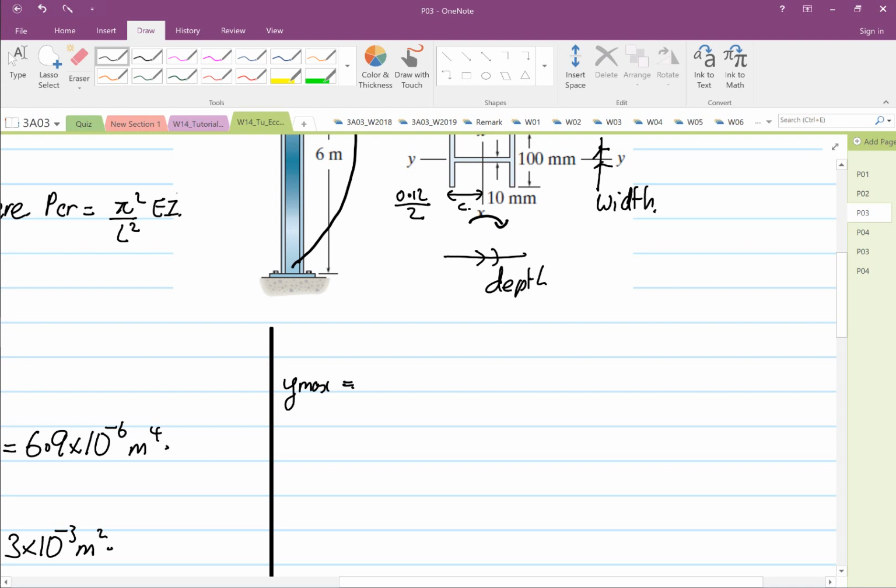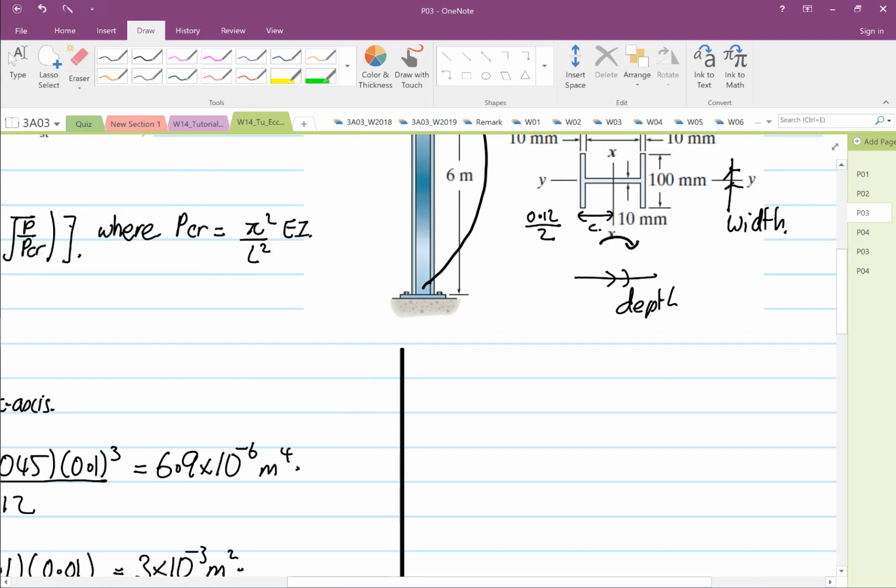Physically, you know it will not fail, but it will deflect a bit. If it's visible to the naked eye, it's dangerous. Imagine a load coming down and you can see the structure bending, you'll start to panic. So you have to know your Y max, and we're going to calculate it.